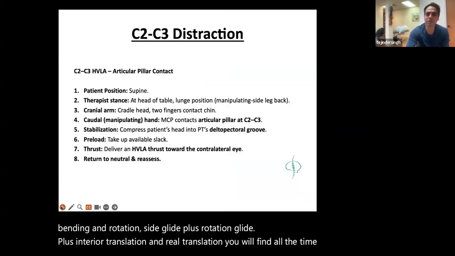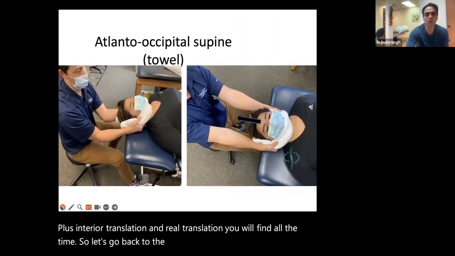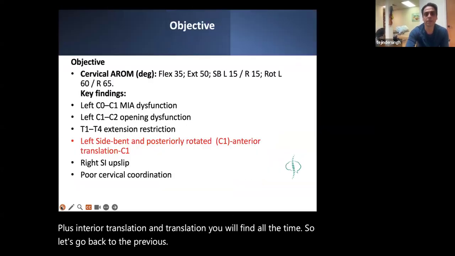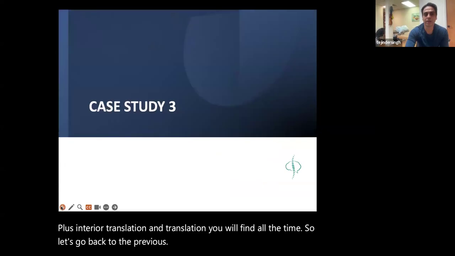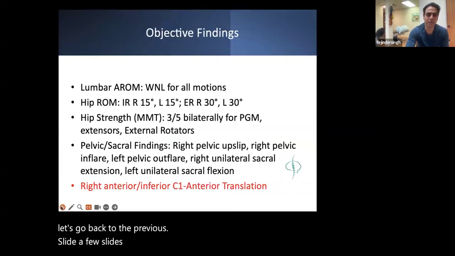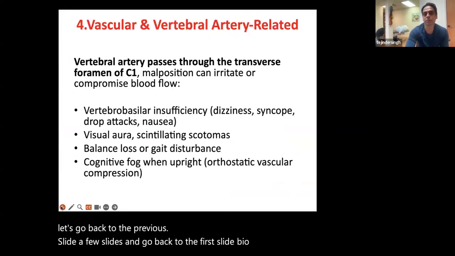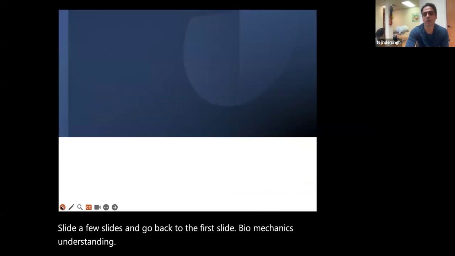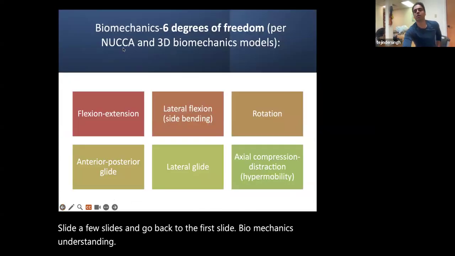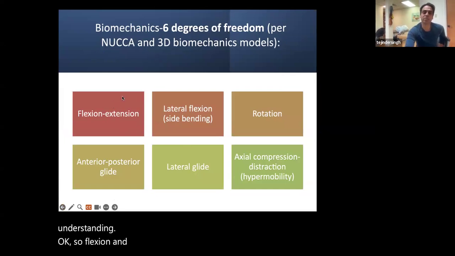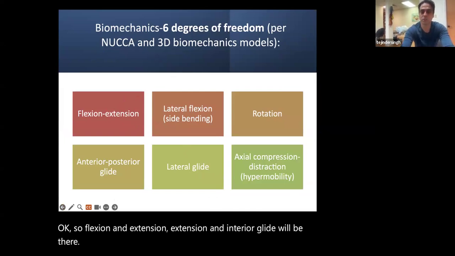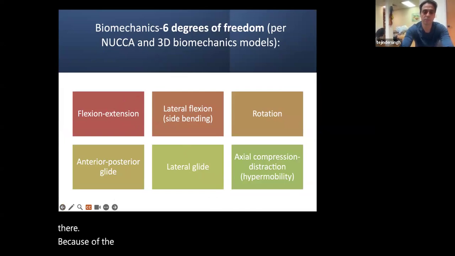So let's go back to the previous slides, and go back to the first slide, biomechanics, understanding. Okay. So flexion and extension and anterior glide will be there because of the posture, right?